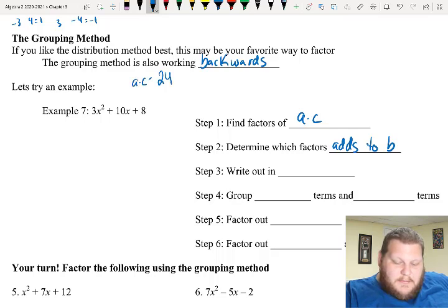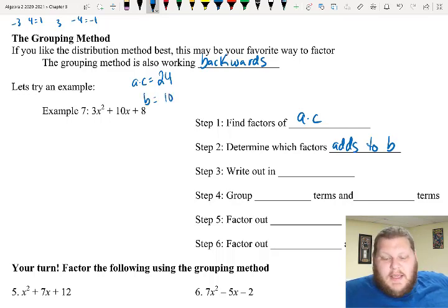That's a times c. I'm looking for factors of those that add up to 10. Factors of 24 would be 1 and 24, 2 and 12, 4 and 6, 3 and 8. But 4 and 6 here is the one we want to go with because 4 times 6 is 24, but 4 plus 6 is positive 10.